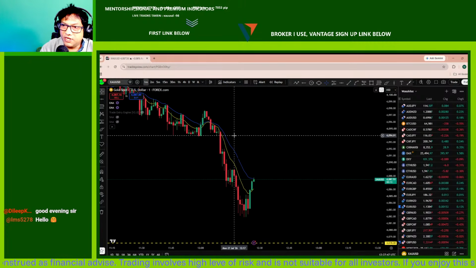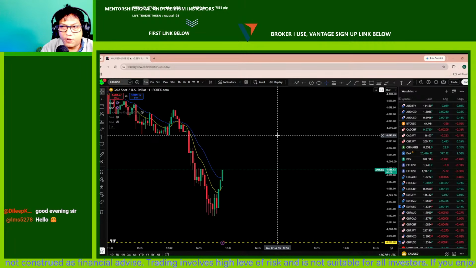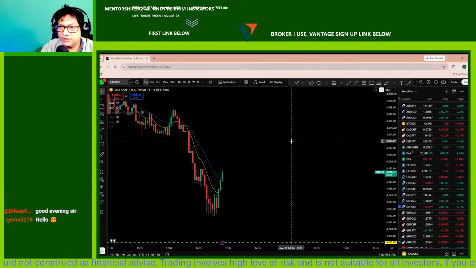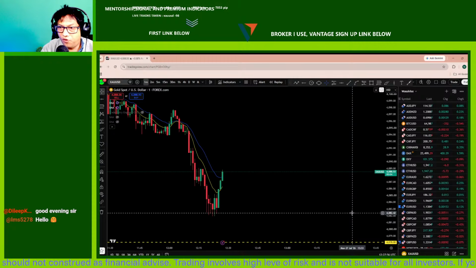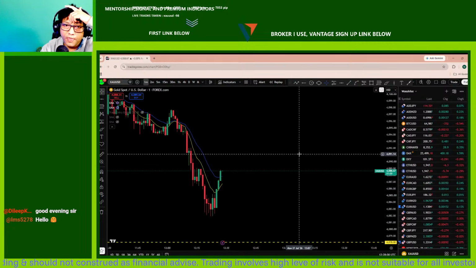We can see that the 10 and 20 MA have crossed over each other, and the price action has moved for another pullback here.